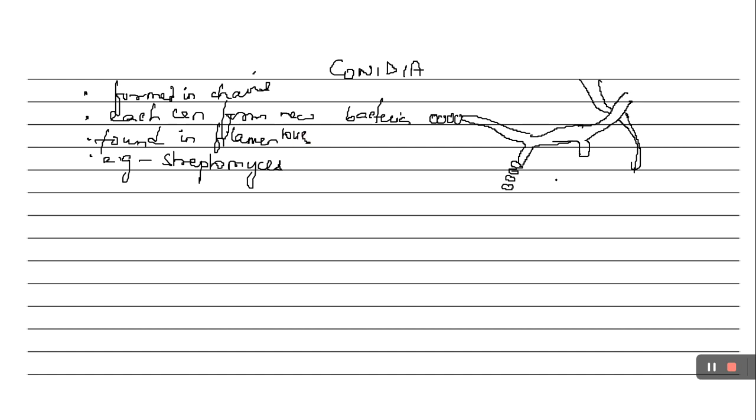So this is a filamentous bacteria. Example: Streptomyces, like Actinomycetes. Okay, so this was about the asexual mode of reproduction.